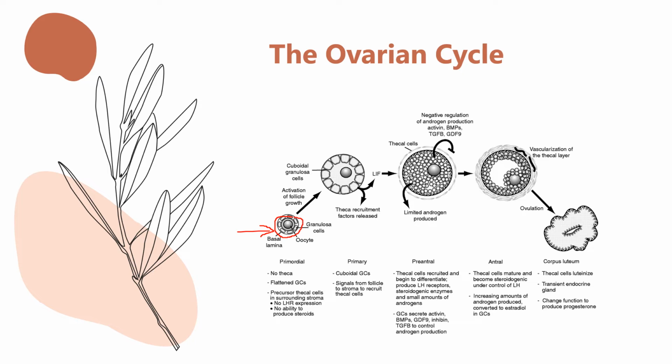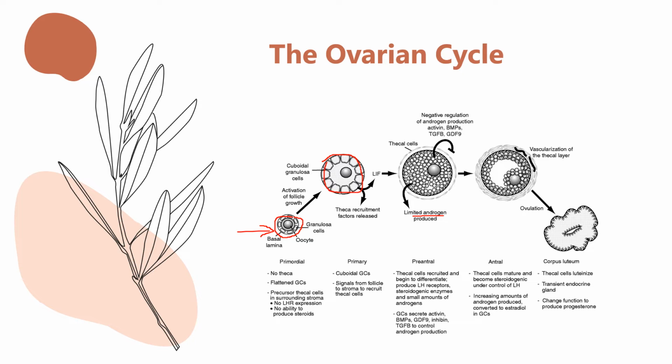Those granulosa cells will then pull in theca cells from the surrounding tissue of the ova. It's actually these surrounding theca cells that will start to produce the estrogen. So theca cells are going to produce the estrogen. As you can see here, limited androgen production, and we talked about how androgen was converted into estrogen.